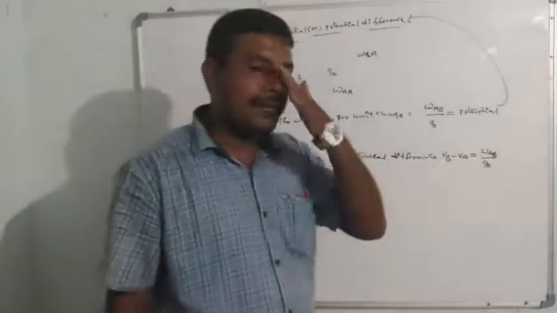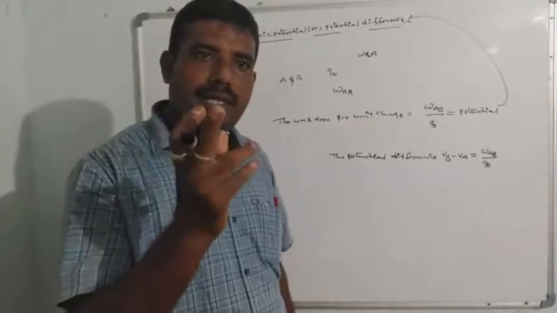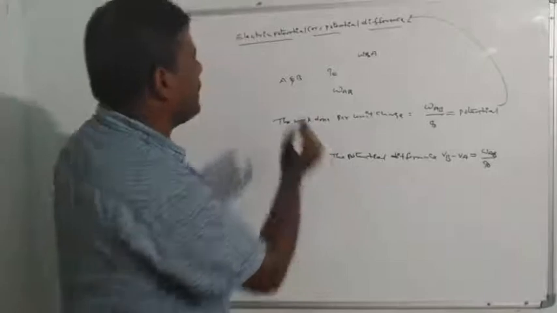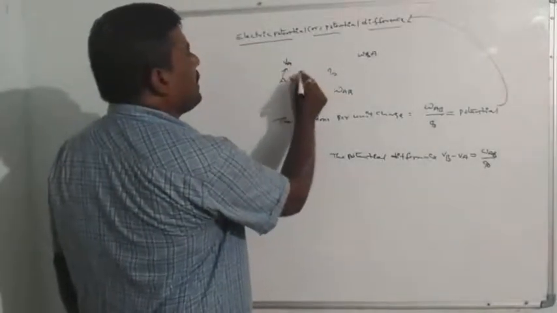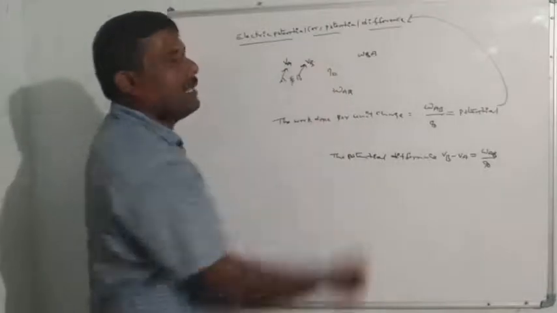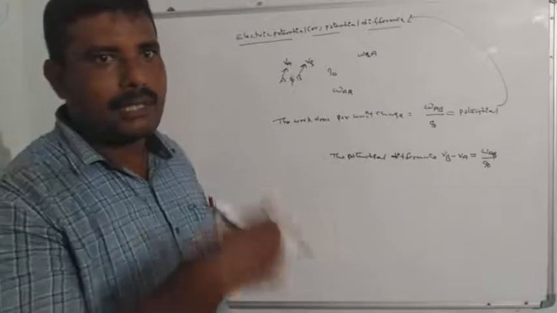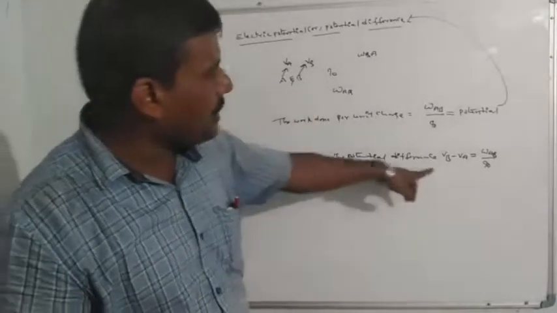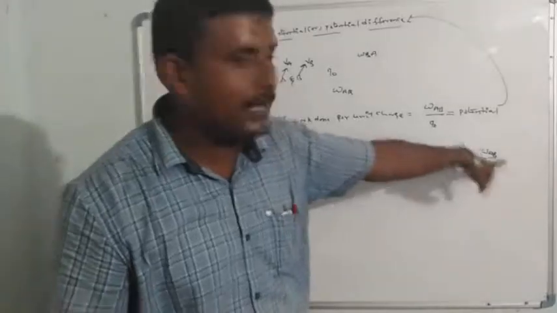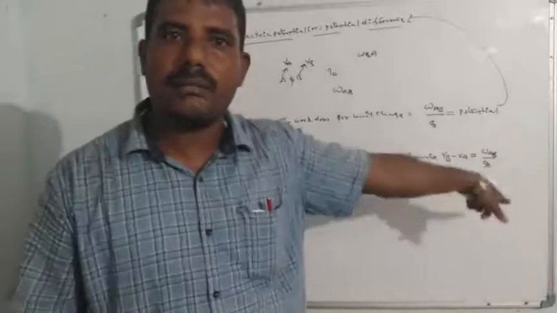VA is the electrical potential at point A, and at the same time, the potential at point B is VB. For those two points A and B, the potential difference is VB minus VA equals WAB by Q naught, the work done by the test charge.